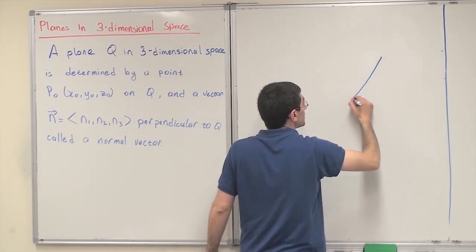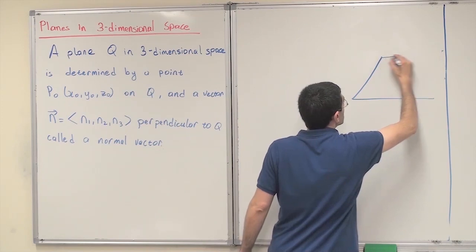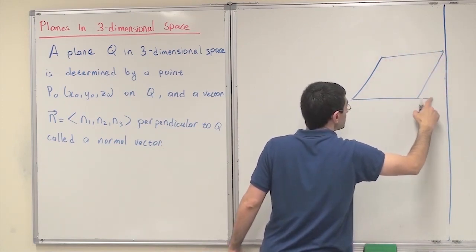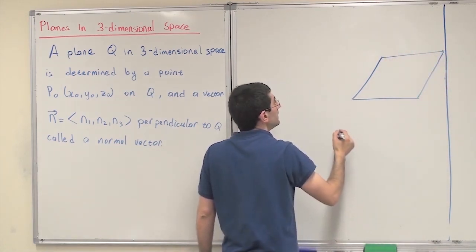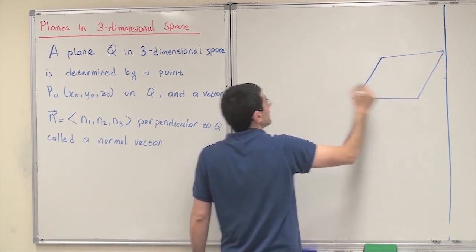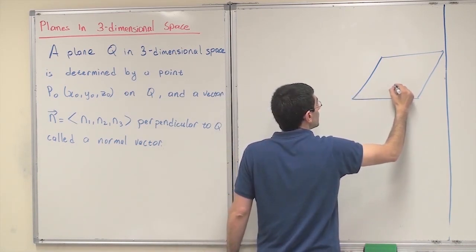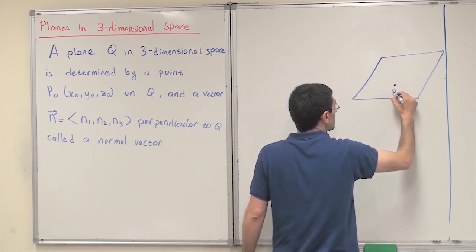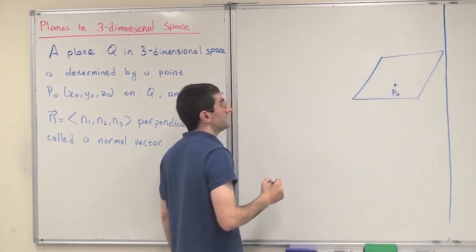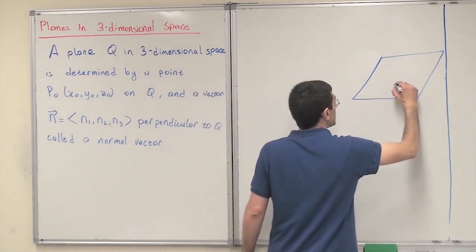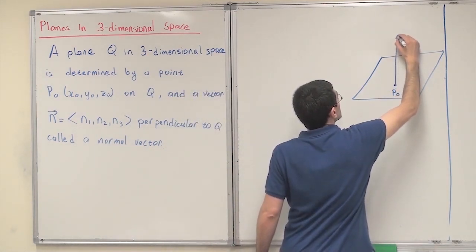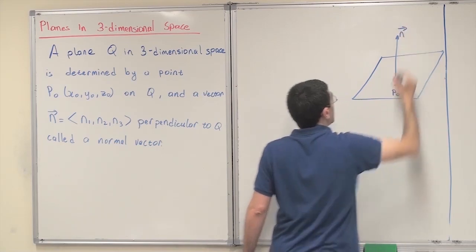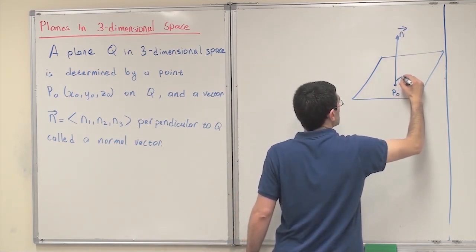So, let's pick a plane. Okay. And on that plane, we mark the information that we are given. It is the point P naught, and then the vector n, which is perpendicular to this plane.